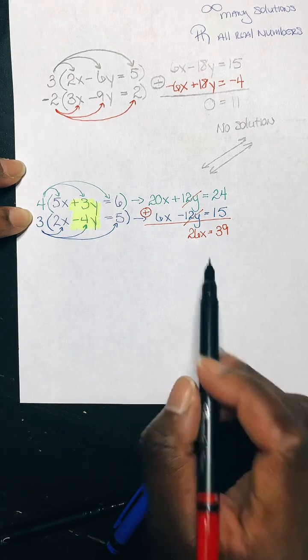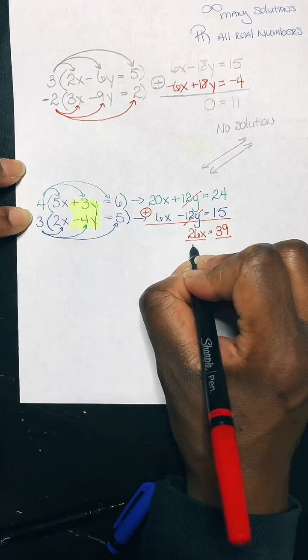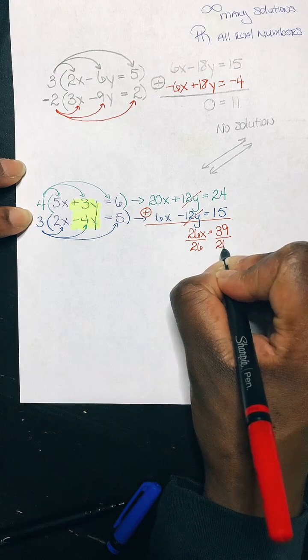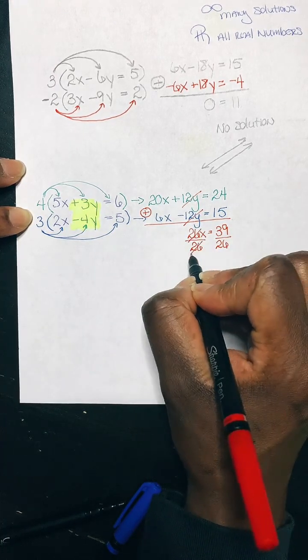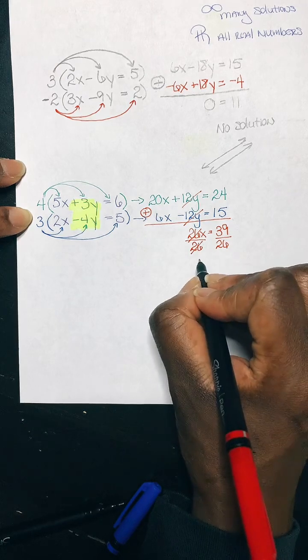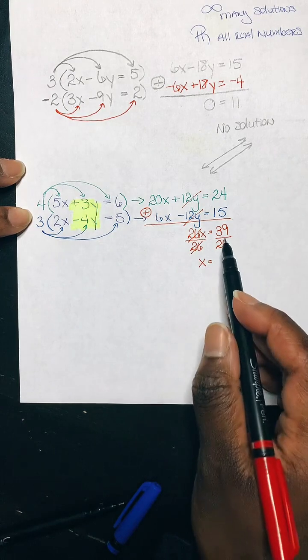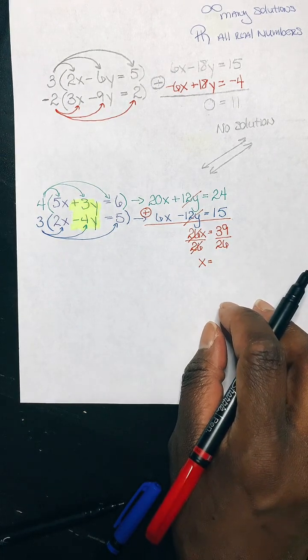So now we're going to divide both sides by 26. 26 divided by 26 gives me 1, and there's an x, so 1x or just x. And 39 over 26.